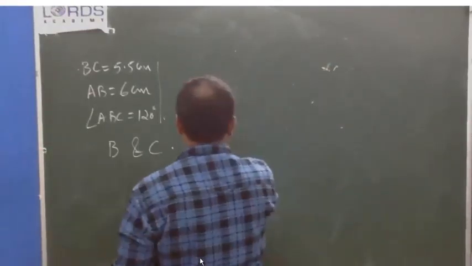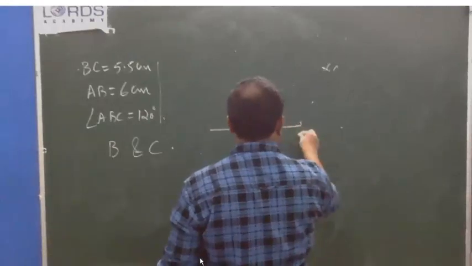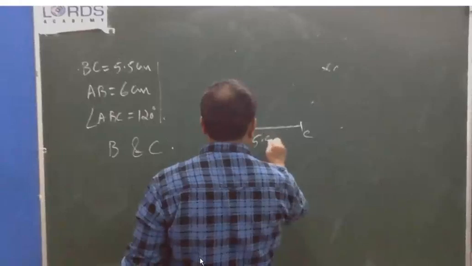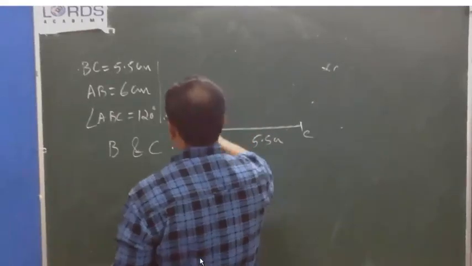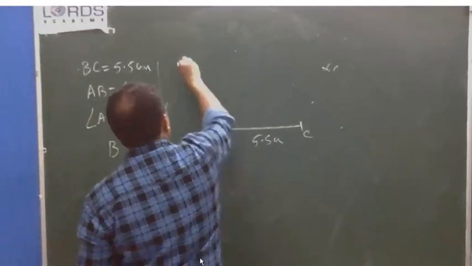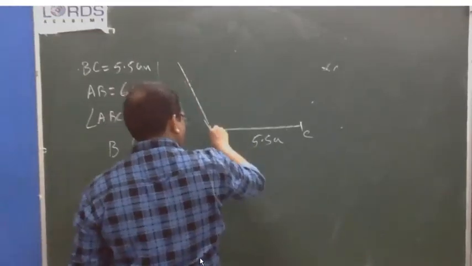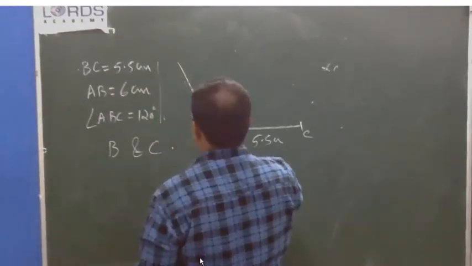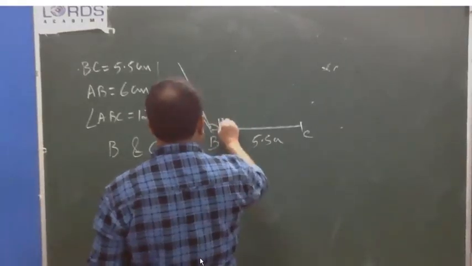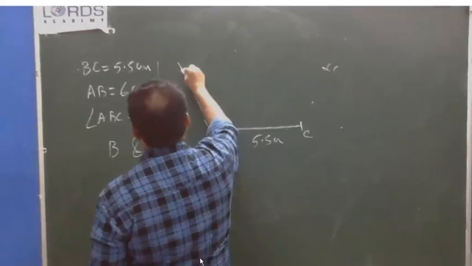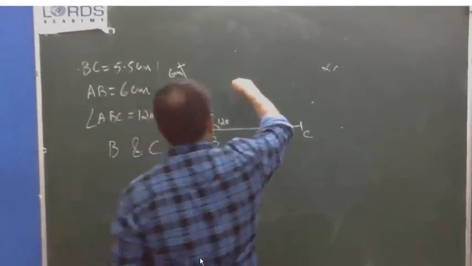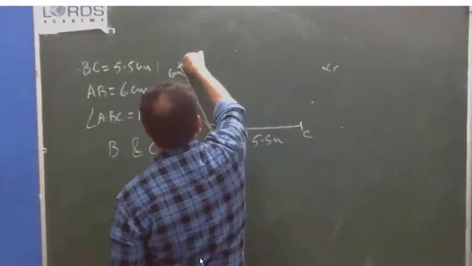BC base 5.5. Then angle ABC 120. Figure will come like that. Then AB is equal to 6 centimeter. And then join it.